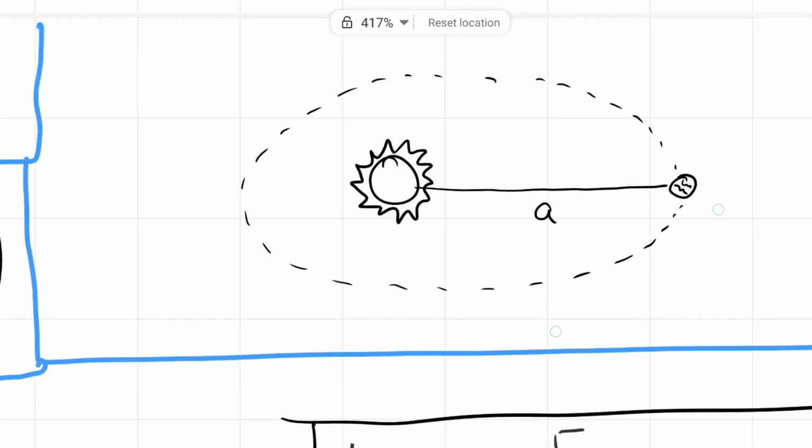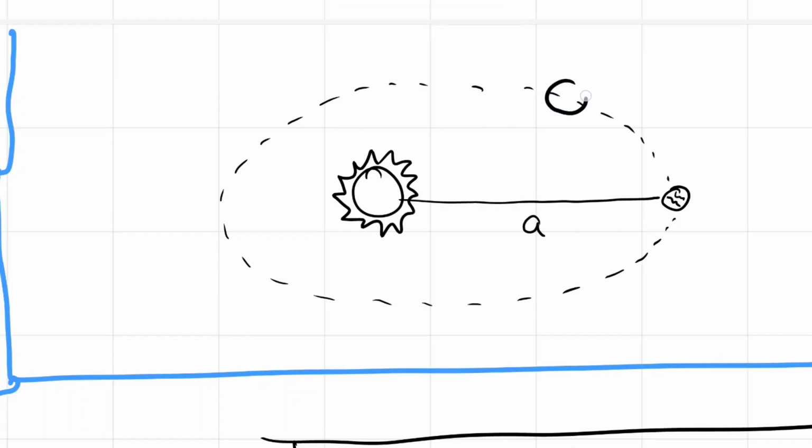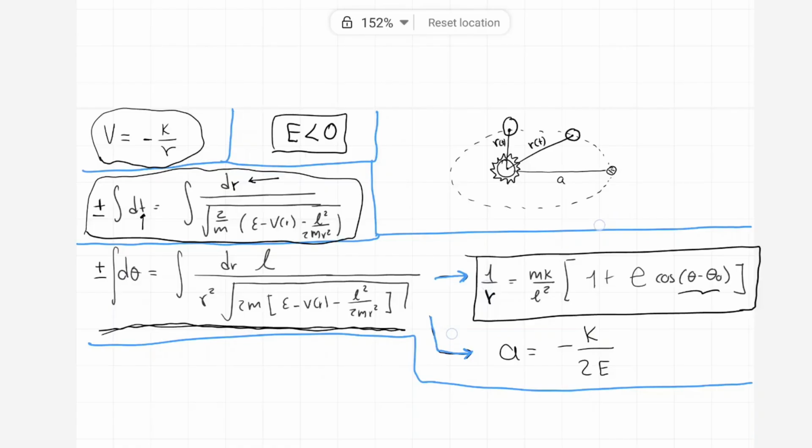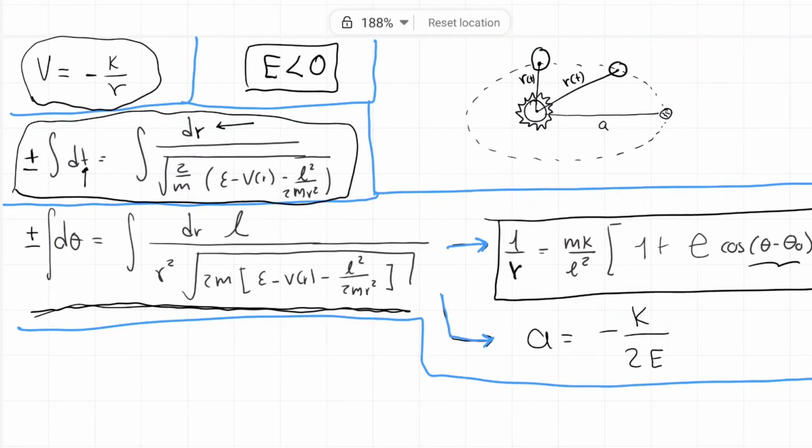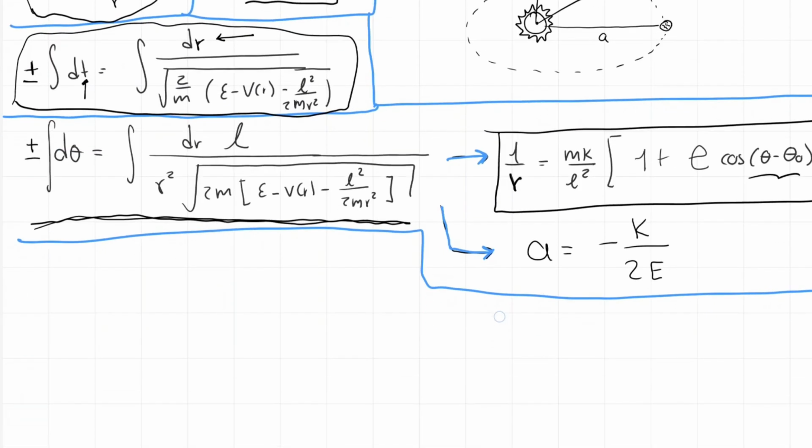For example, if the Earth is here, that distance r is the distance from the Sun to the Earth. Look that r depends on time; if the Earth is here, we will have a different value of r. So we want to find in this video a function that relates r with t, the time.